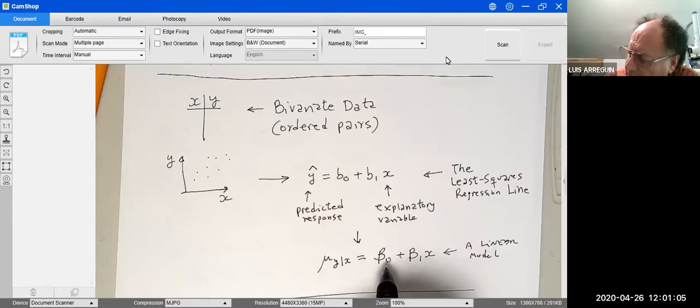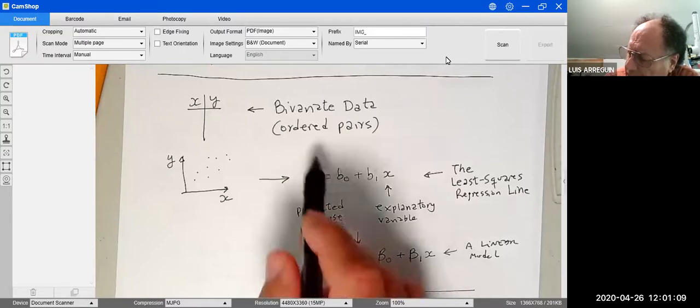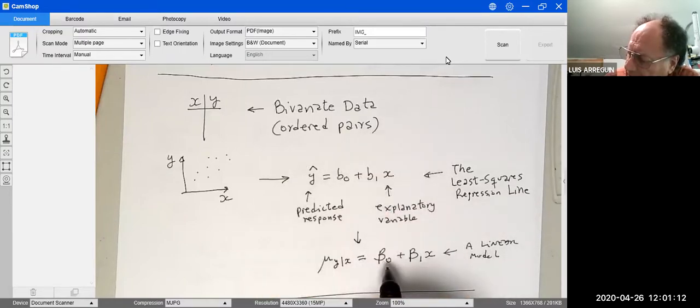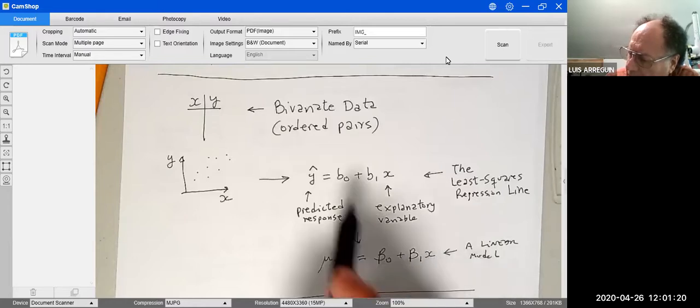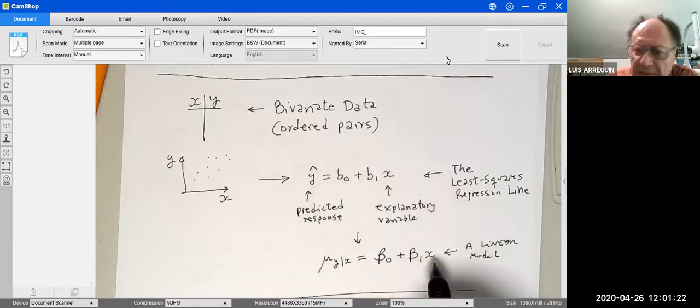The y-intercept for the population of the ordered pairs is going to be beta naught plus beta 1, which is going to be the slope for the population of ordered pairs, times the explanatory variable.